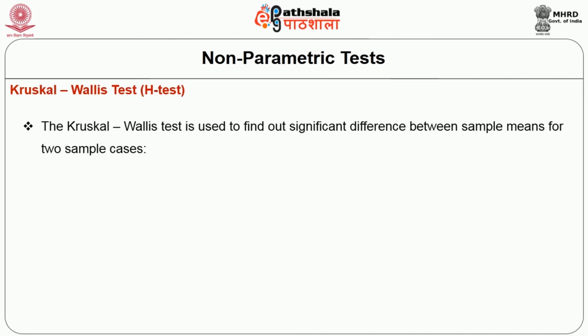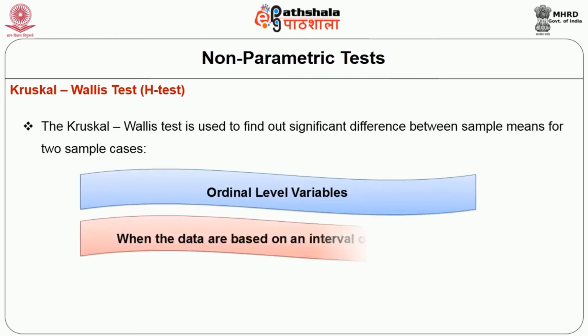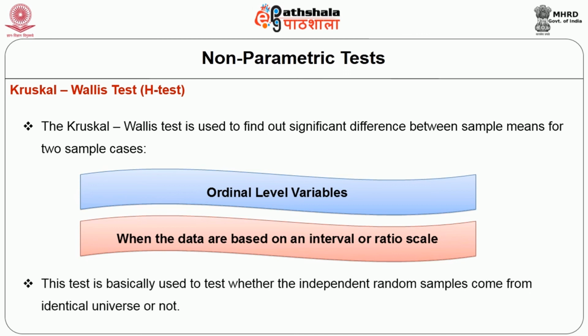The Kruskal-Wallis test is used to find out significant differences between sample means for two sample cases. Firstly, with ordinal level variables, and secondly, when the data are based on an interval or ratio scale. And this test is basically used to test whether the independent random samples come from an identical universe or not.